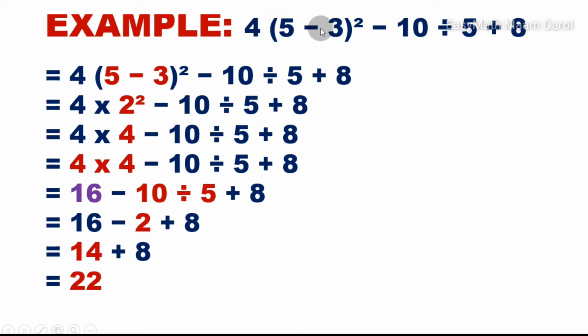So, ibig sabihin nun, after we evaluate the expression inside the parenthesis, we will proceed with multiplying 4 with what expression na kung ano man yung ma-derive natin dito sa part na to. And that's what happened dun sa second line. So, tinan nyo, nilagyan ko lang siya ng X para mas clear para sa inyo na yung no operation or you cannot see any operation dito sa unahan na to or in between 4 and the parentheses, merong automatic implication na multiplication yan.